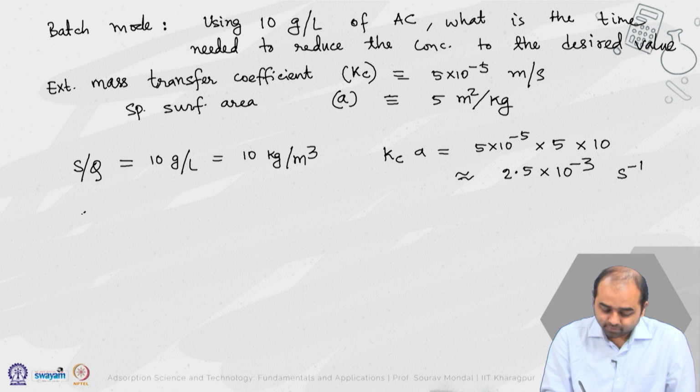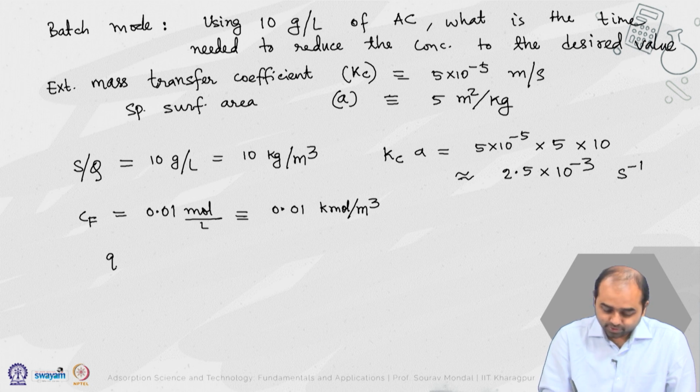The value of the initial concentration Cf is given as 0.01 moles per liter, which is equal to 0.01 kilomoles per meter cube.